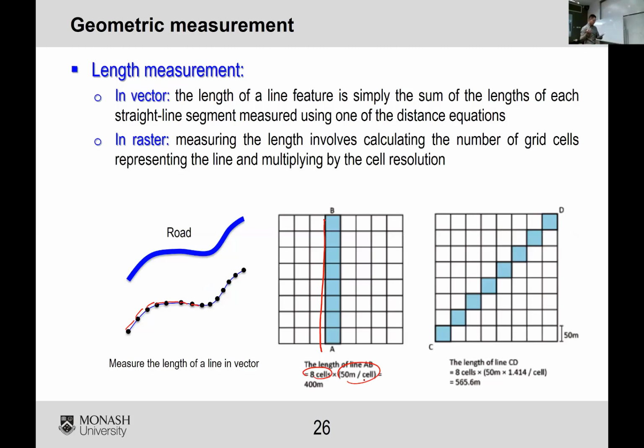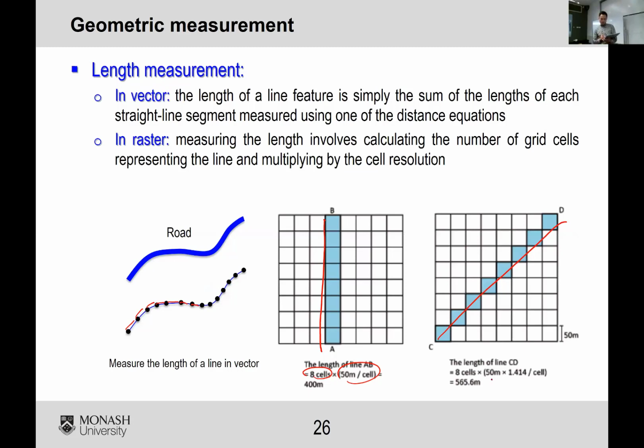Each cell is 50 meters in this case. If it's an oblique or inclined line, we use the diagonal distance of the cell. So now the cell's length becomes the square root of 2 multiplied by the cell resolution.